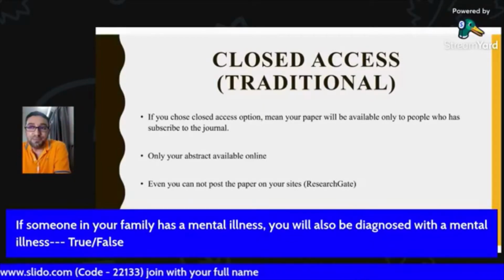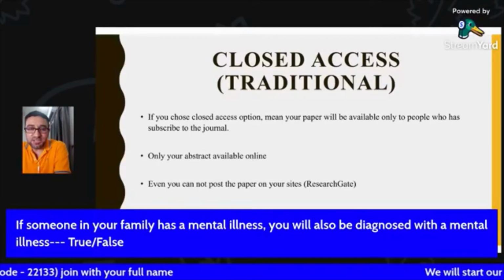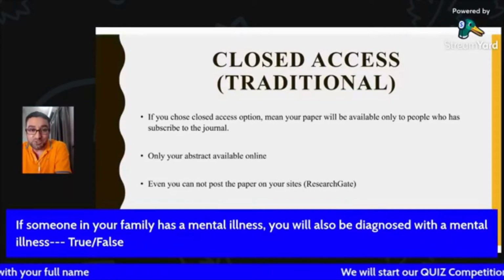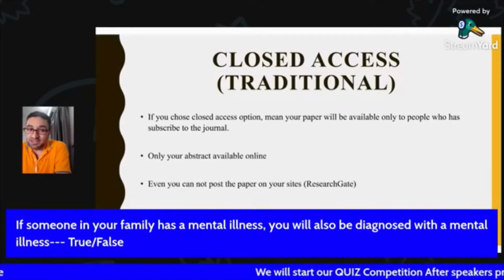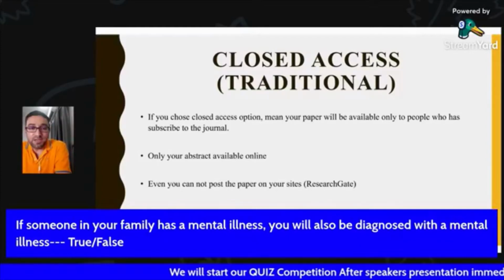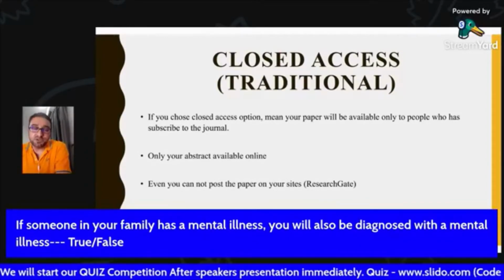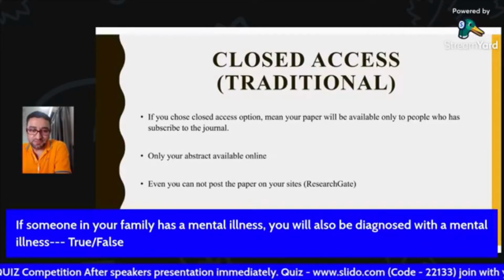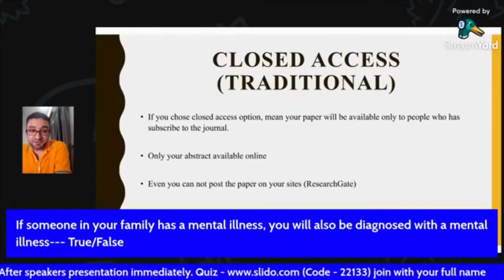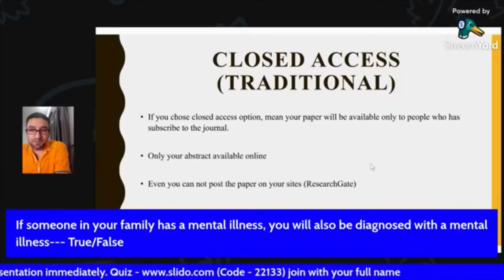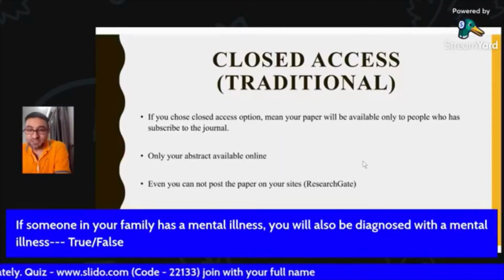Because before you publish your article in a closed access journal, you need to sign a contract. That means you are not allowed to share your paper anywhere unless you have a written consent form from the journal itself. So this is a very strict requirement for publishing with closed access journals.